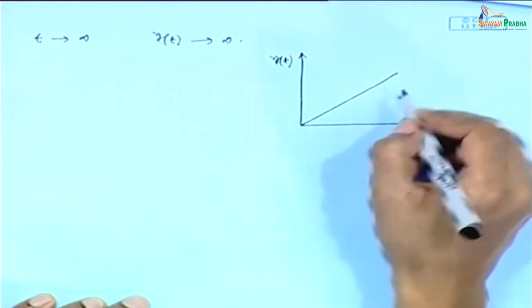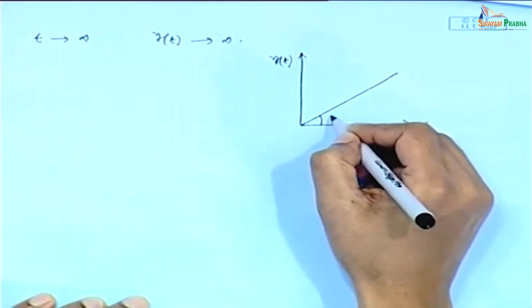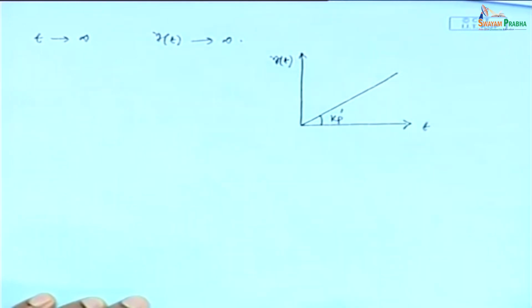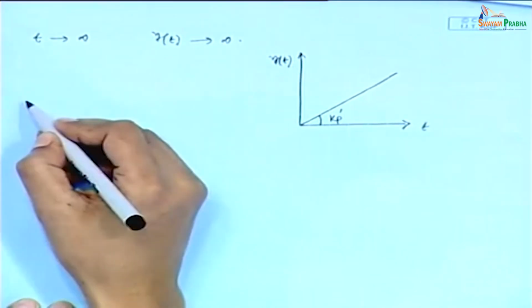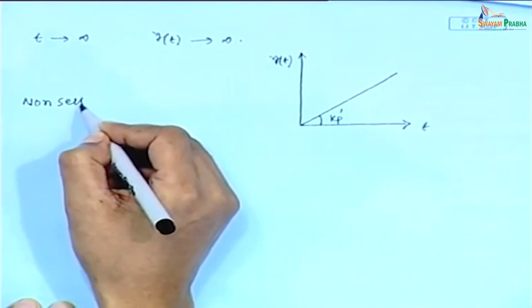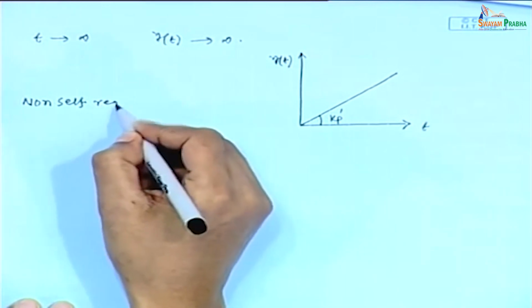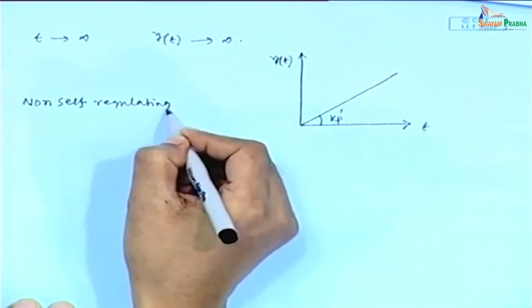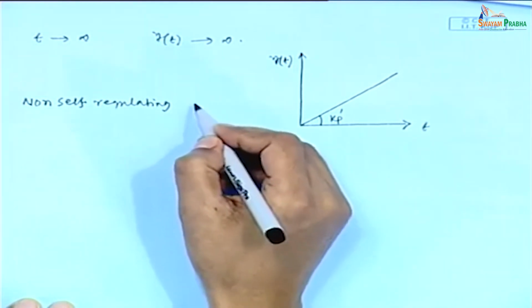This is the output and slope is Kp prime. This type of processes are called non-self regulating processes.